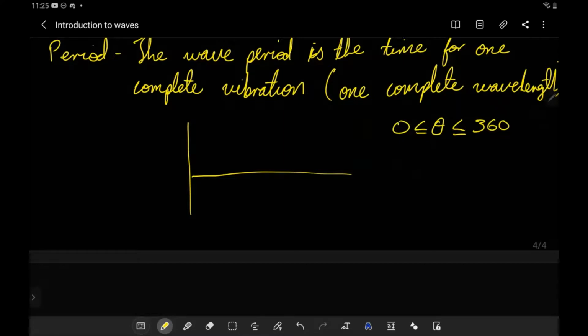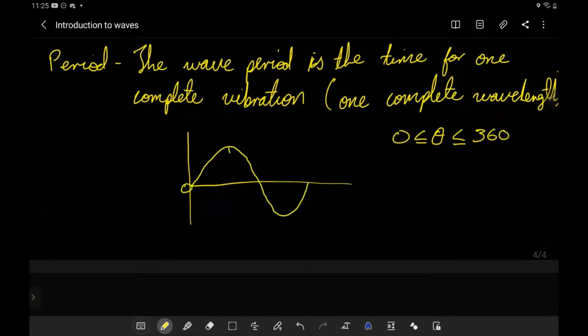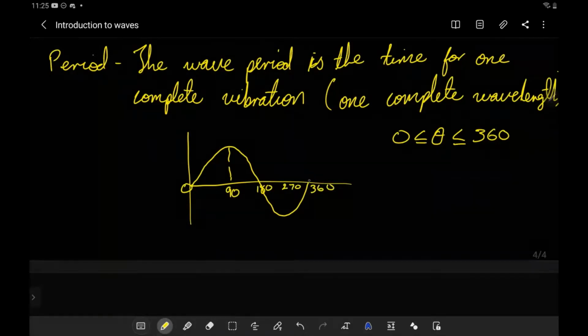Ninety degrees, this here is 180, this here is 270, this here is 360. All right, so if you look at this wave, what is the period of this wave?